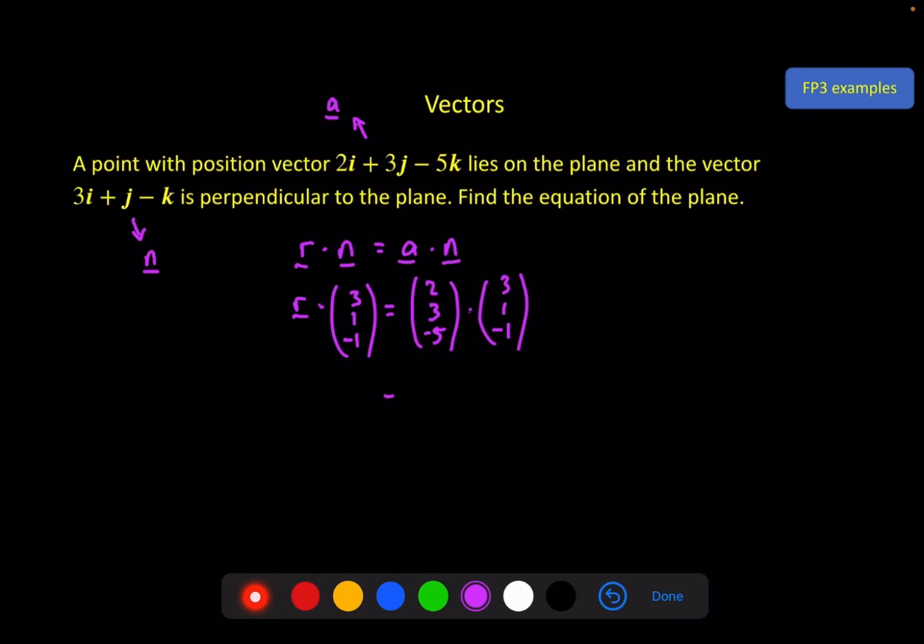And then, as I said, if you know what these are, you should go ahead and do the dot product. So we've got 6 plus 3 plus 5 gives us 14. And there is the equation of our plane.